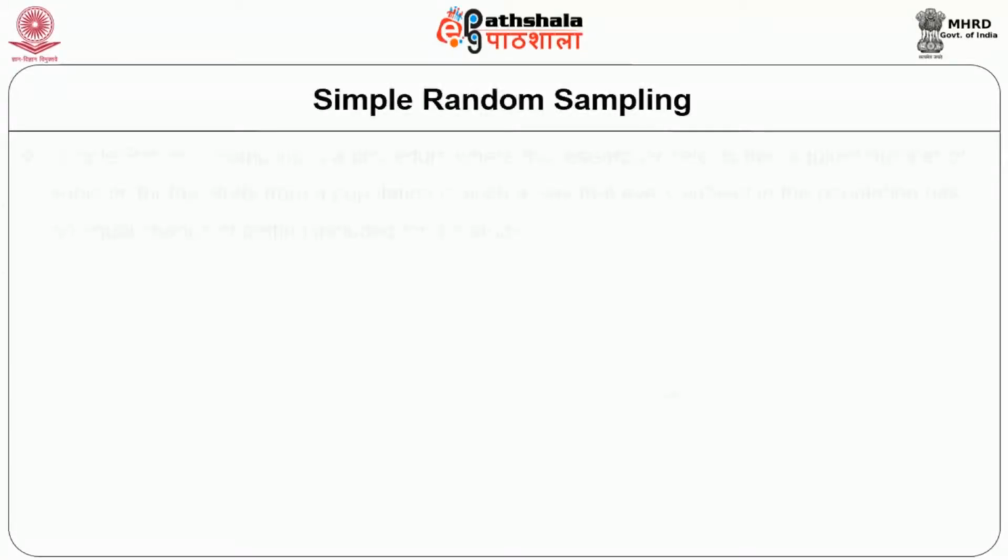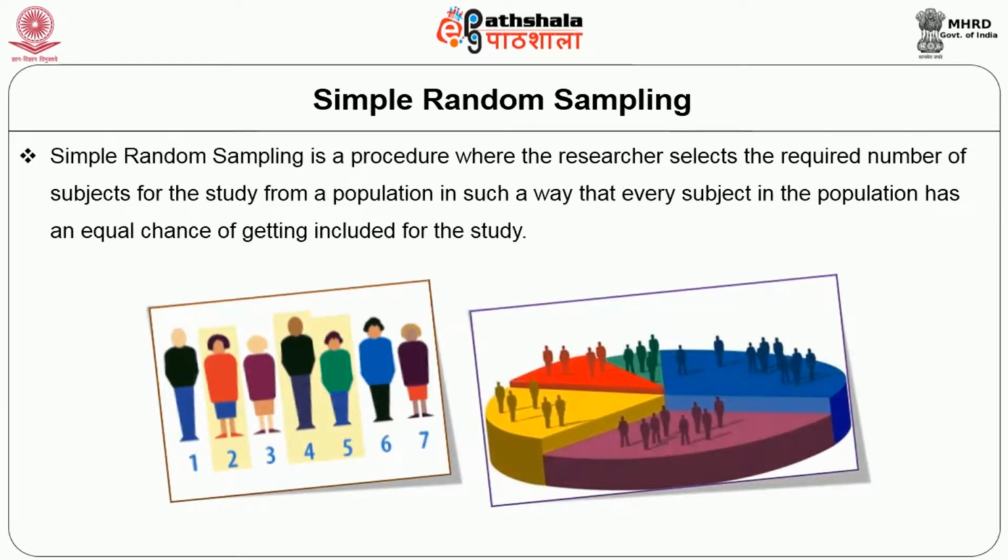We shall first discuss simple random sampling, which is one of the most extensively used methods of sampling. Simple random sampling is a procedure where the researcher selects the required number of subjects for the study from a population in such a way that every subject in the population has an equal chance of getting included for the study.